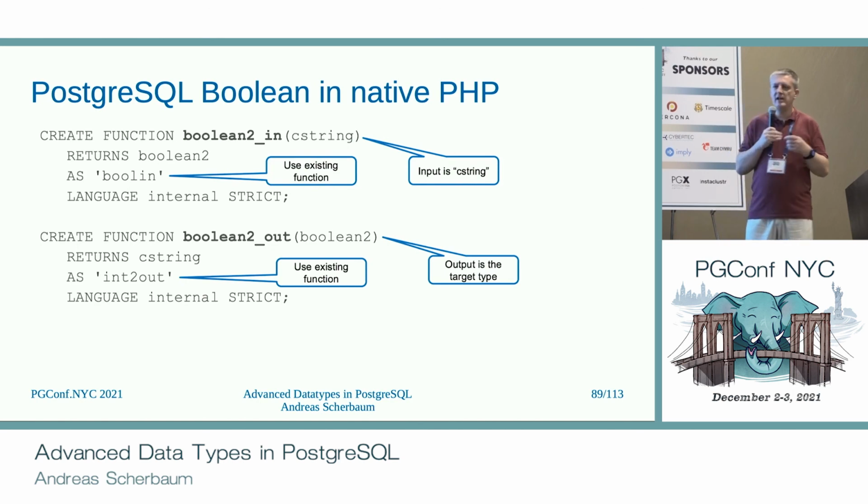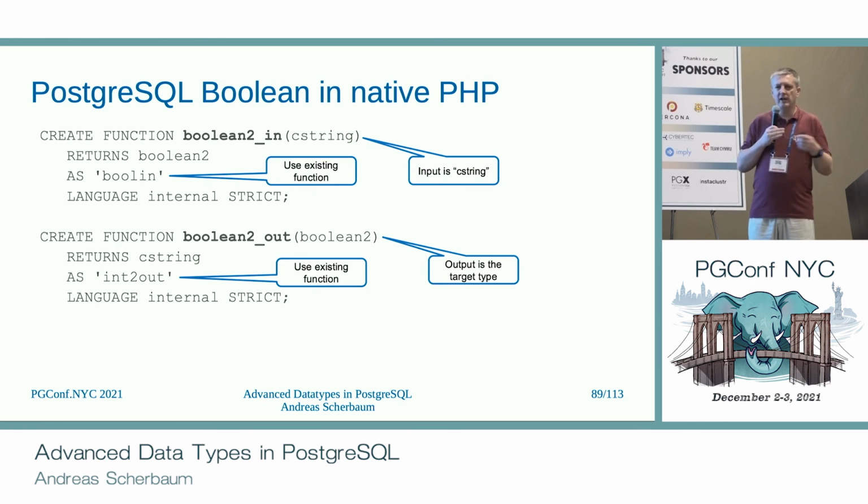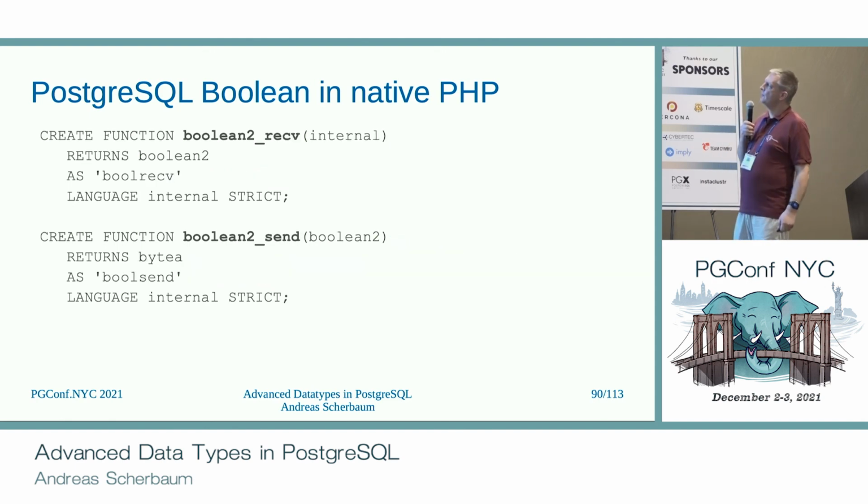This type doesn't really exist at this point, but we can use it. And we're using the existing integer out function. So that's basically the part we changed. We are not using Boolean out, we're using integer out, because integer out gives us 0 and 1. Everything else is just syntactic sugar.